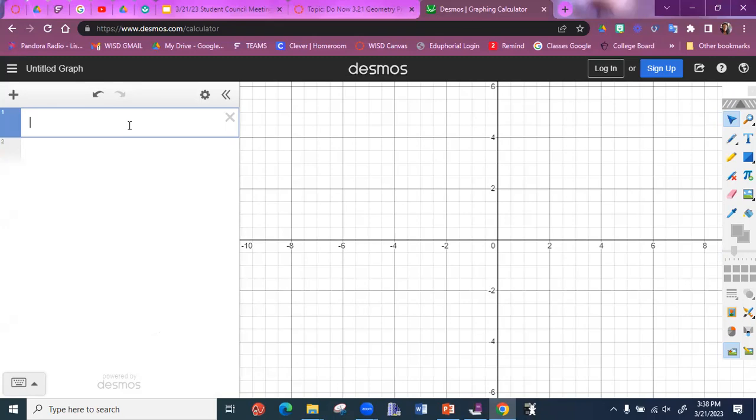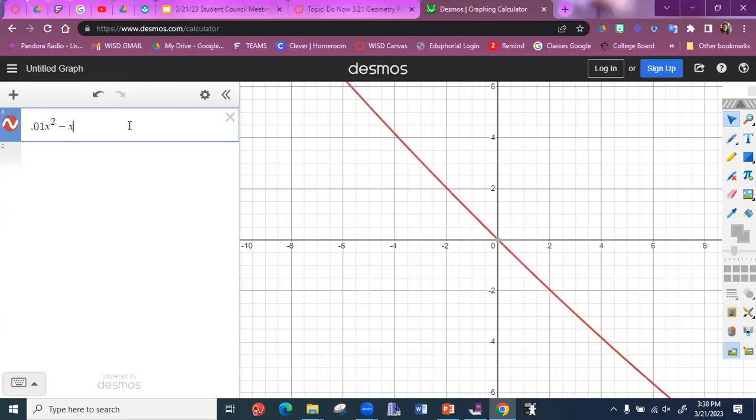Instead of using S, we're going to have to use X. So we have 0.01x squared minus x plus 37.